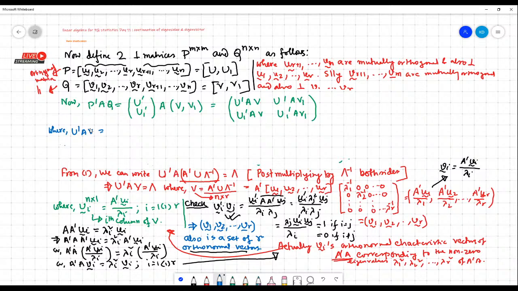U prime A V. So this is a diagonal matrix. You can check this thing. I already showed this, and I denote this by capital lambda.